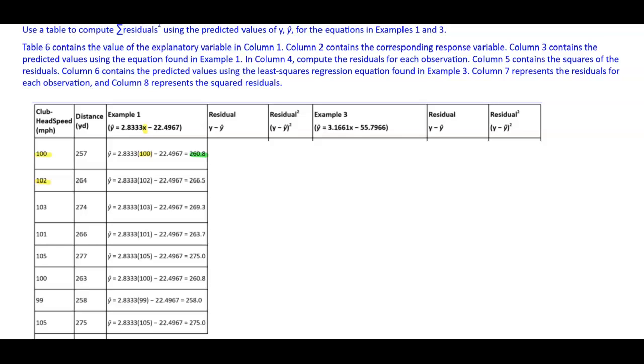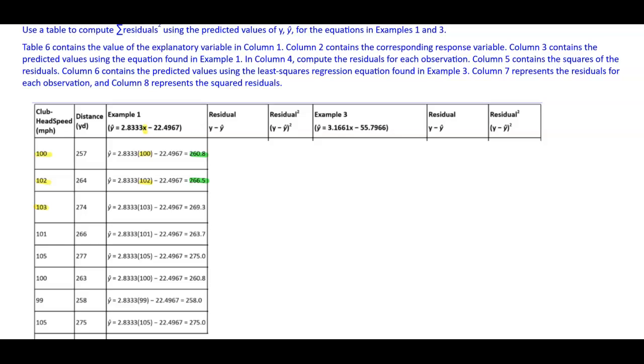The next value for x is 102. We're going to plug 102 in for x into the equation. 2.8333 times 102 minus 22.4967 is going to give us a predicted value of 266.5. Next, we're using the value of x, which is 103.